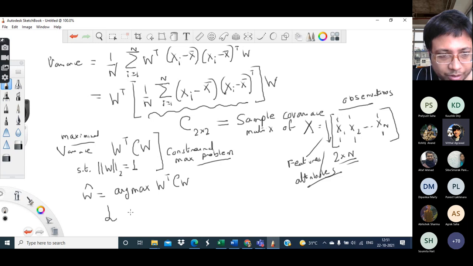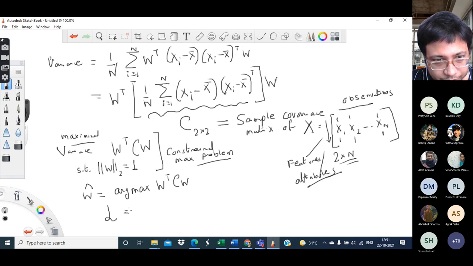Okay, in case you don't remember, I will tell you. I define my new objective function in the following way. First of all, W transpose CW is the quantity which I want to maximize. Then I have to bring in the constraints.